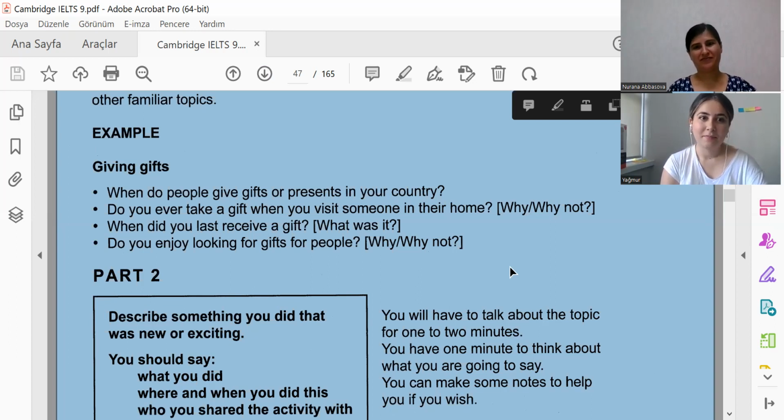Okay. Do you ever take a gift when you visit someone in their home? Actually, yeah, that's a tradition. It comes from the Ottoman Empire. When you visit someone's house and eat their food, they should give you a present for coming to their house and eating their food.